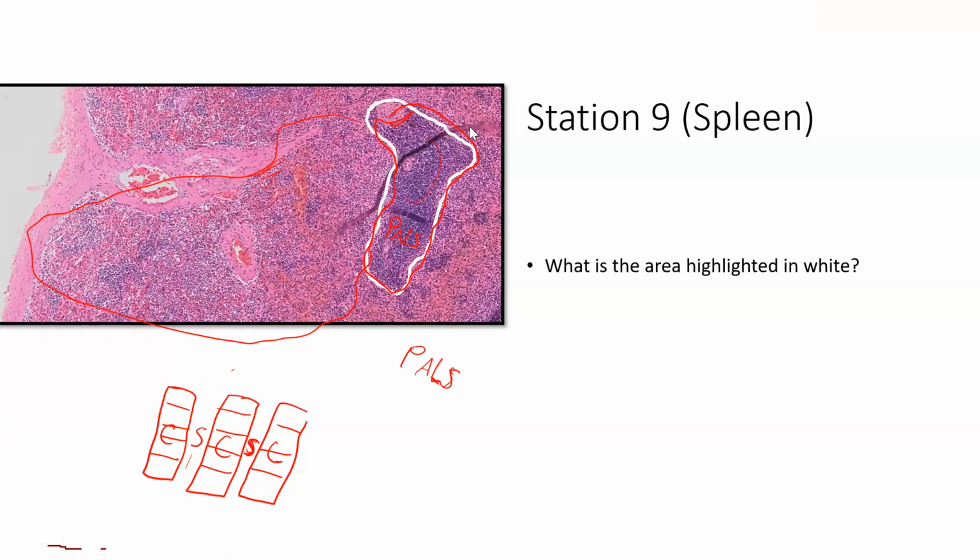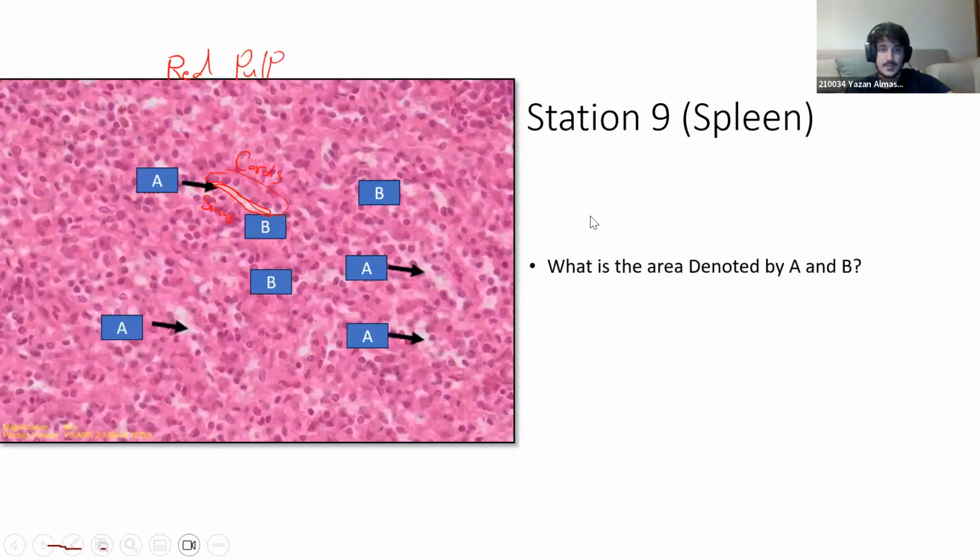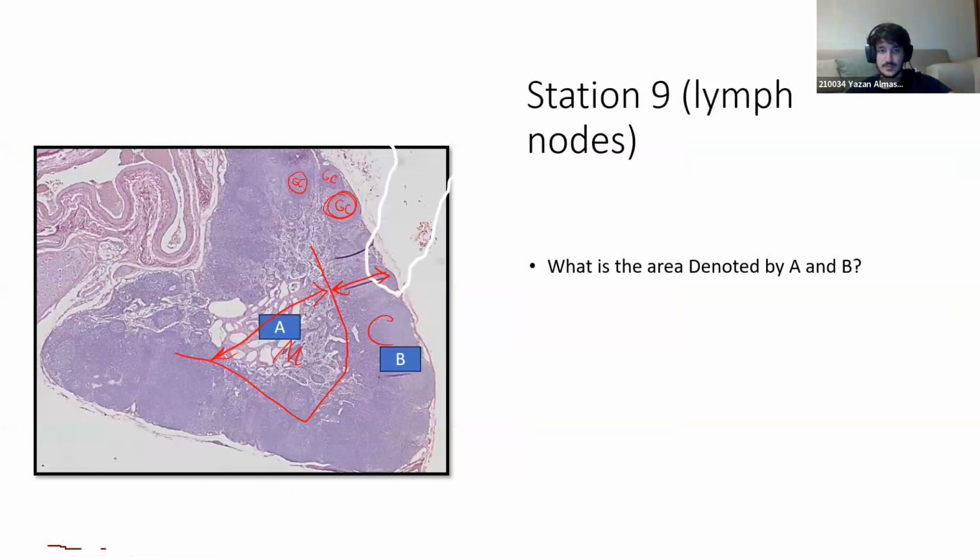Can you please go back to the lymph node slide? Sure. Which one? This one? Yes, this one. Do we have to know the GC label thing? You mean the cortex and the medulla? No, the cortex and the medulla are clear.